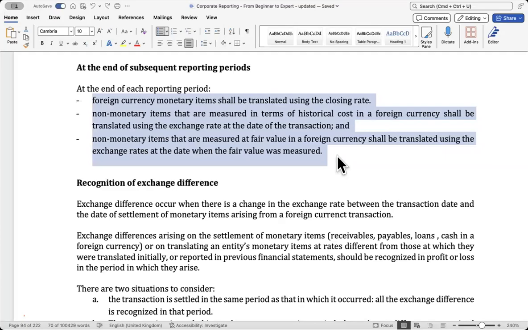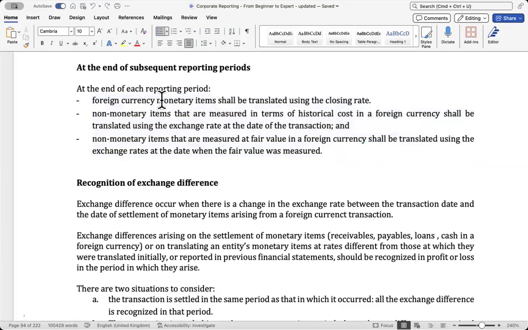So more information will be given to you, but it's not a difficult part. But what we need for would be monetary items. So for monetary items, you translate them using closing rates.